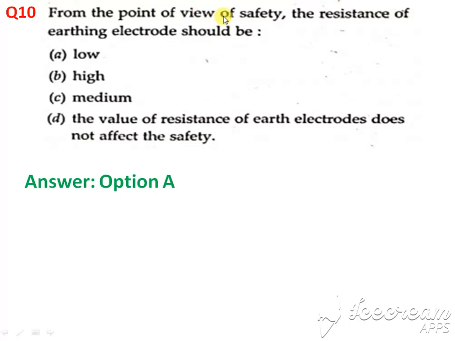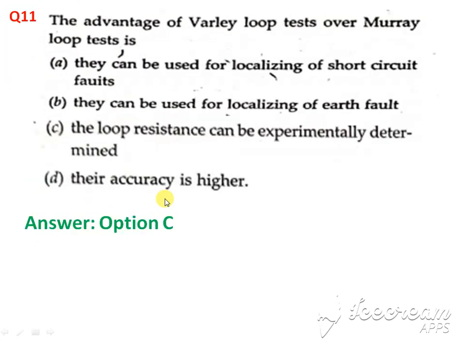From the point of view of safety, the resistance of earthing electrodes would be, option A low, option B high, option C medium, option D, the value of resistance of earth electrode does not affect the safety. So from the point of view of safety, earthing electrodes would have low resistance. So the option is A.